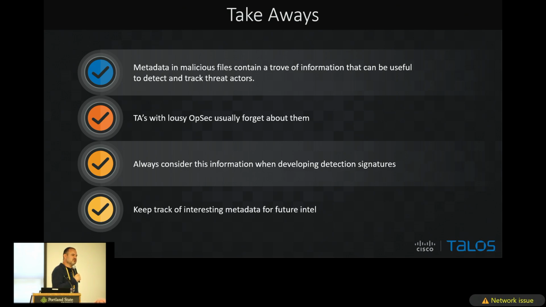And if you look at this information, you can find out more about that threat actor. Especially for the people that work with detection engineering, if you look at this metadata and you create a database or a way to track this metadata for files, you have a very good resource for detection.